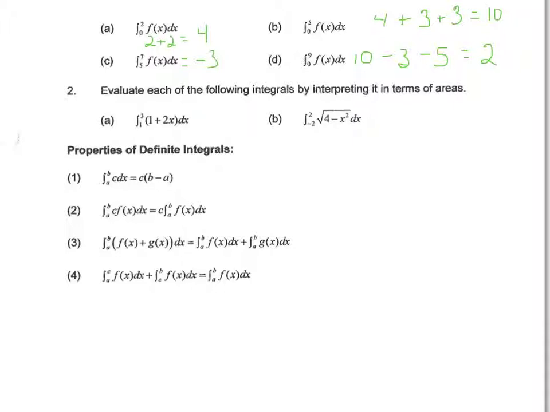If we just have a constant, and we were to graph a constant function, it's going to be a horizontal line, right? Okay, so we'll say that this is c. So y equals c would be that constant function. And let's say we're going to go from A to B. How would you find the area under the curve from A to B?